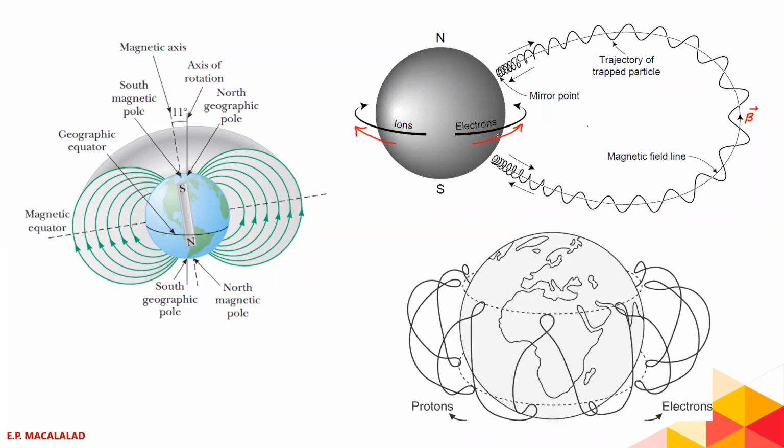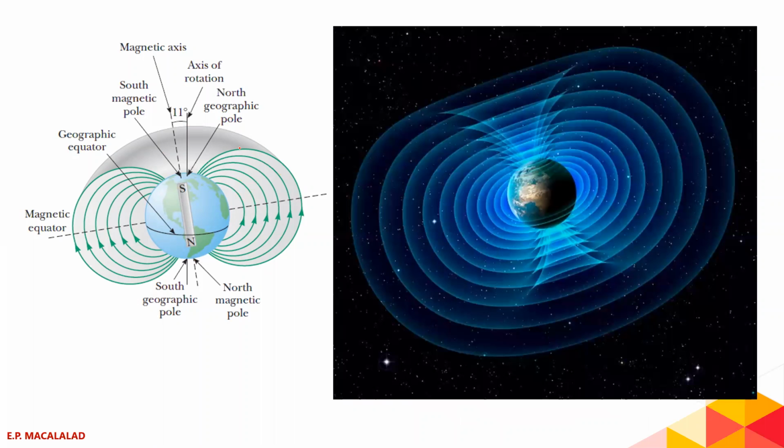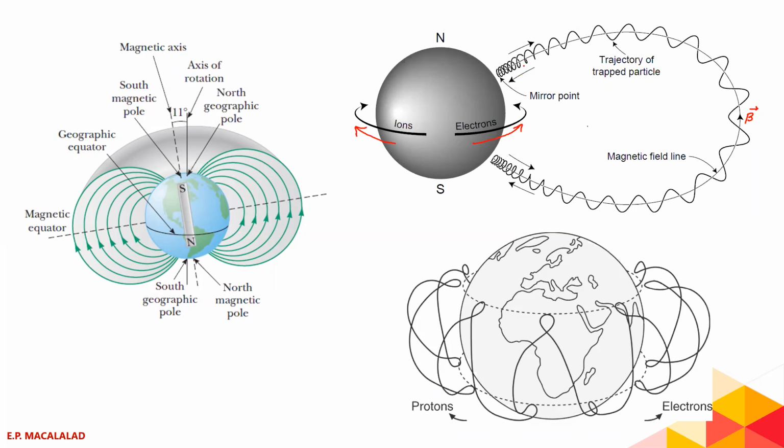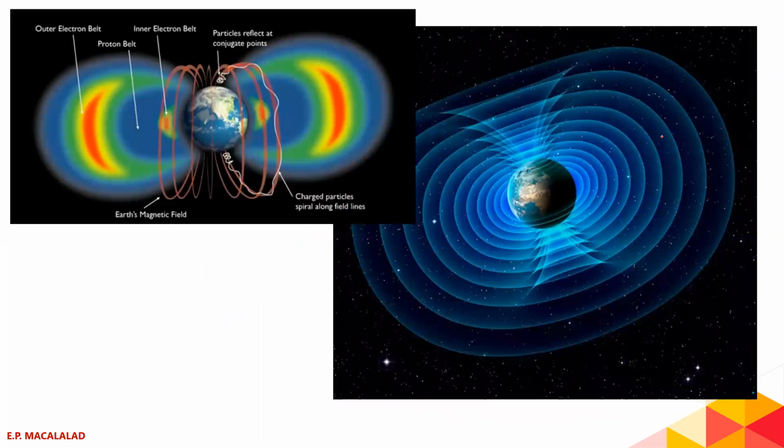Okay, and why is it important here? Remember that the magnetic field configuration of the Earth is shaped like a donut like this. We call this your flux tubes. And this is the trajectory of your trapped particle, which is precisely why we have trapped particles in these radiation fields. We call this the Van Allen belt because of this three invariant motion.